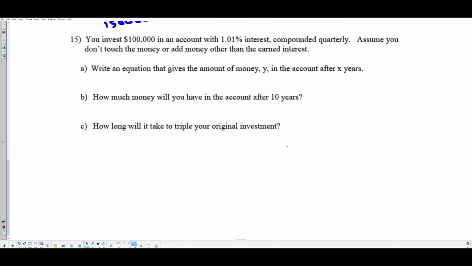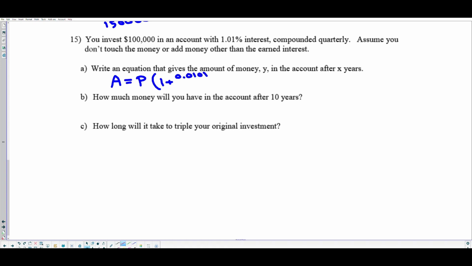Okay. You invest 100,000 into an account with 1.01% interest compounded quarterly. Assume you don't touch the money or add money other than the interest earned. Write an equation. So this equation is going to be final amount, A, equals the principal, and the interest is 1 plus 0.0101.